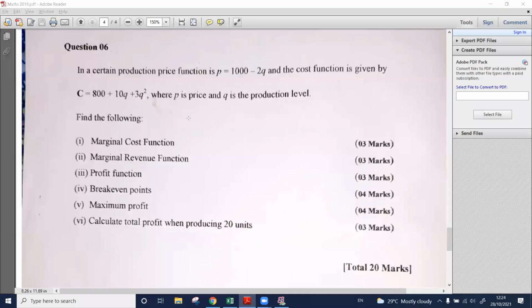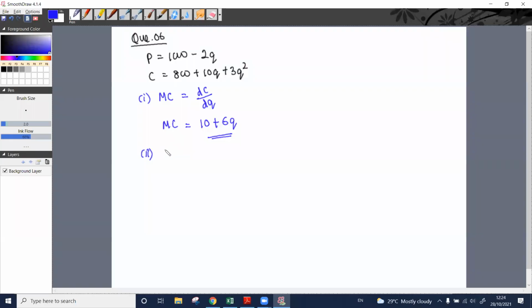Part 2, marginal revenue function. Before finding marginal revenue, we need to derive the total revenue function. Total revenue is price multiplied by quantity. 1000 minus 2Q is the price, the demand function.